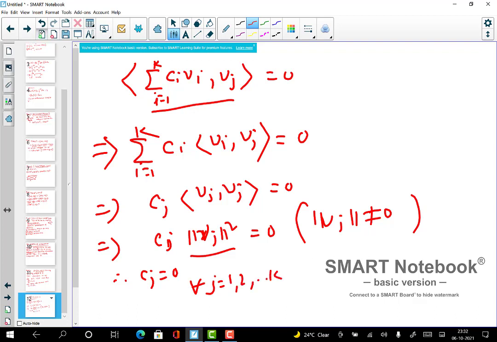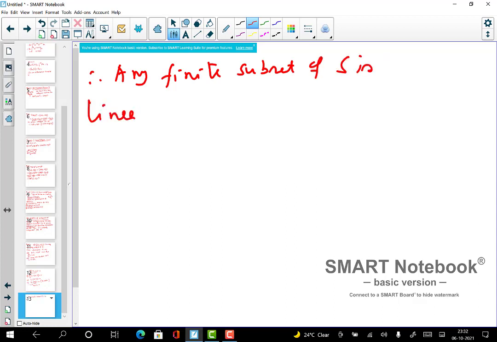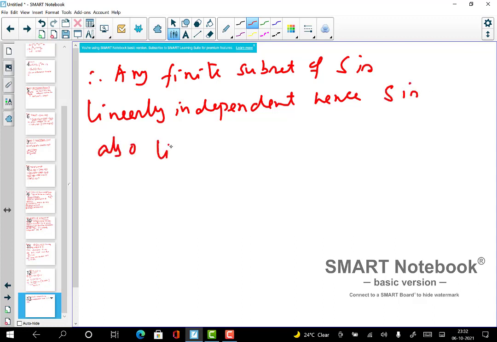That means any finite subset of S is linearly independent, hence S is also linearly independent.